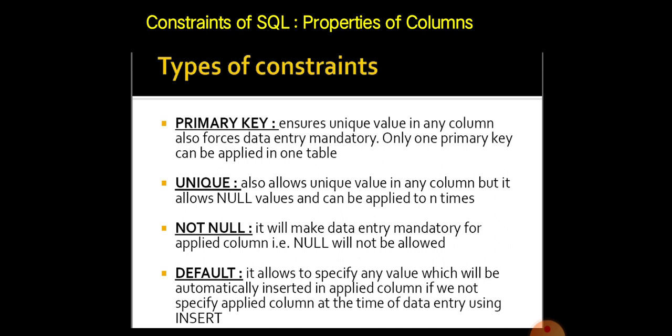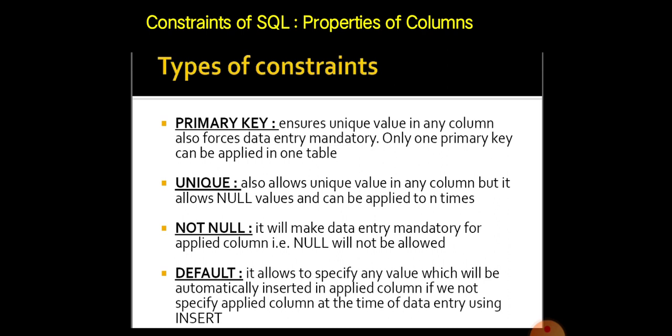All these codes can be used for identification purpose for a particular record, for a particular row. Then uniqueness can be given for voter's ID, Aadhaar number, like that, or email ID, etc. Then not null, we can use it for address, name, like that.